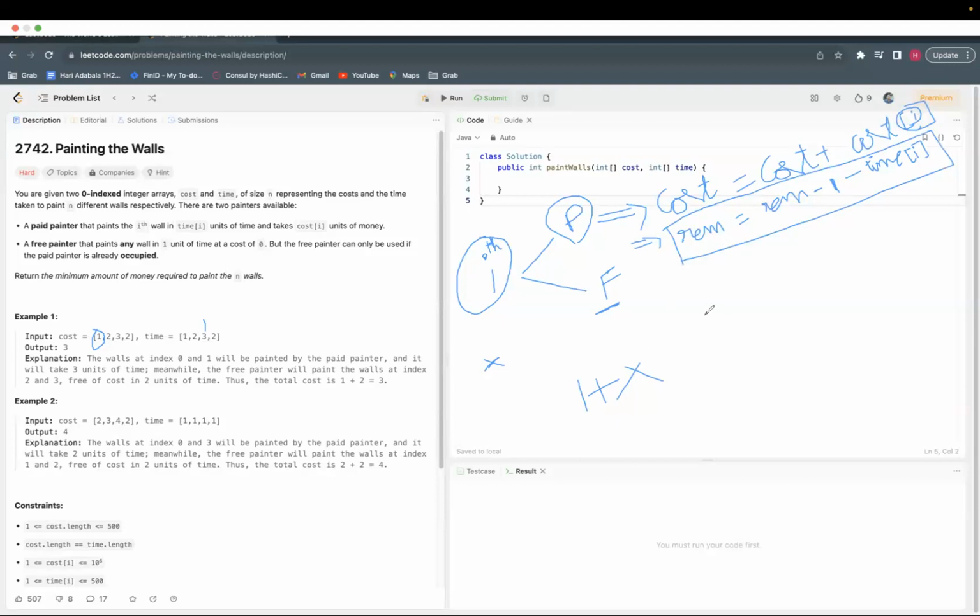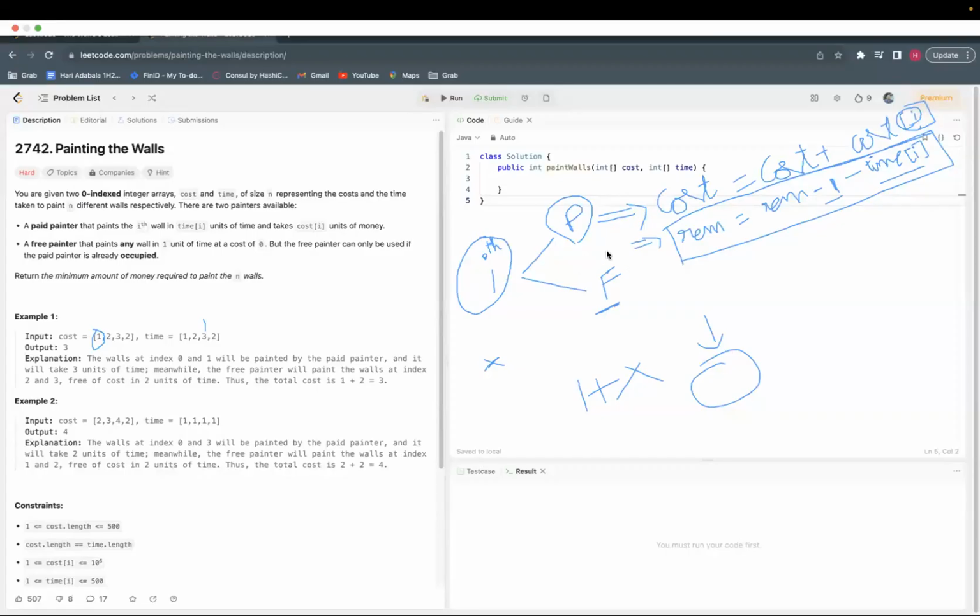So if we are at a particular index, if this wall needs to get painted by the paid painter, then we will increase the cost and we will decrease the number of remaining walls to be painted by remaining -1 minus this particular time. 1 is because this wall is getting painted, and minus t of i is because in this time the free painter will paint these many walls, because he'll only take 1 unit of time painting any wall.